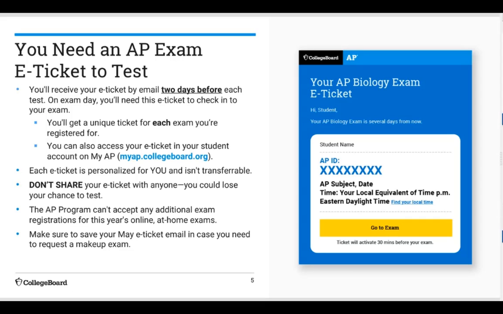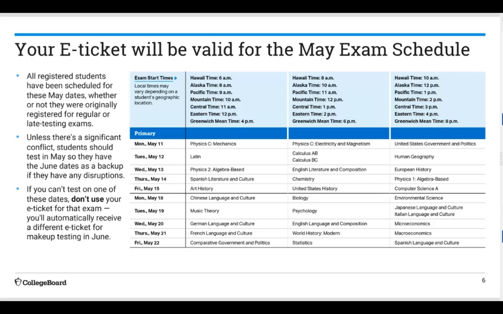You can see that the ticket activates 30 minutes before your exam. Your e-ticket will be valid for the May exam. If you cannot test on your May date, so for our class, that is Monday, May 18th, if you cannot test Monday, May 18th, you've got something going on, like you lose power at your house and there's no internet, don't use your e-ticket.